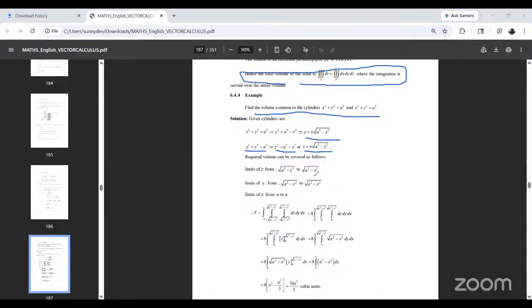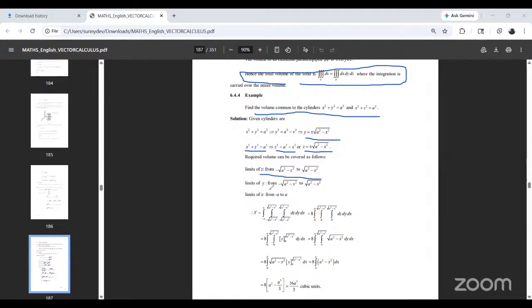Therefore the limits of z are from minus under root of a square minus x square to plus under root of a square minus x square. In the same way, y also becomes minus under root of a square minus x square to under root of a square minus x square. So the limits of x are from minus a to a.